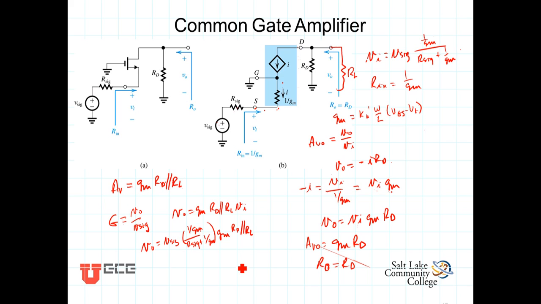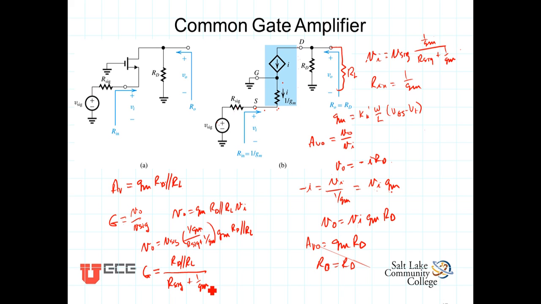We get G by dividing both sides by v_sig and multiplying through the g_m term. G, the overall gain of this amplifier, is R_D in parallel with R_L divided by R_sig plus 1 over g_m.